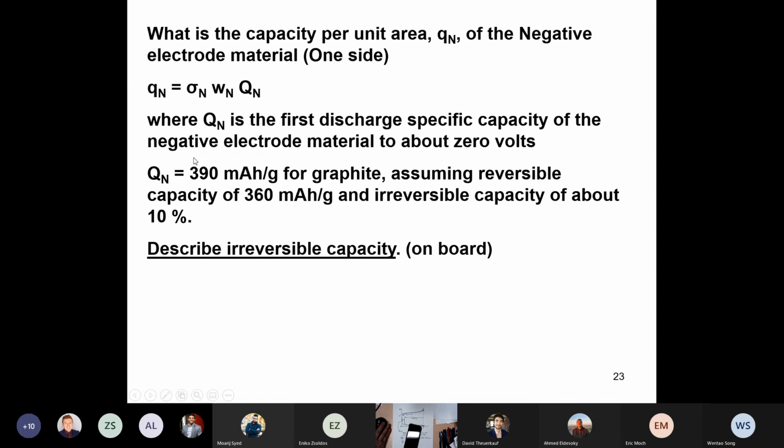So roughly, the first lithiation capacity will be about 390: 360 for intercalation, and 10% getting wasted forming an SEI layer. So that's what you'll pick for your QN typically.